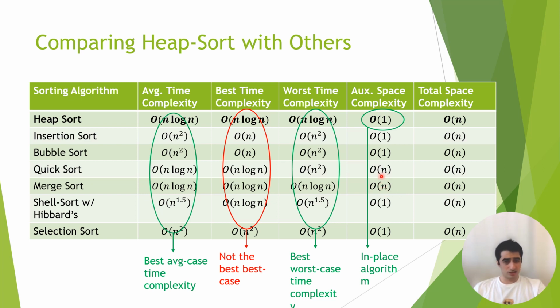The quick sort, here I mentioned order of n because the book implementation was order of n, but you can do quick sort with order of 1 as well. So this can become better if you implement quick sort in a smarter way. That would be order of 1. And finally, the total space complexity will be order of n for all of the scenarios.